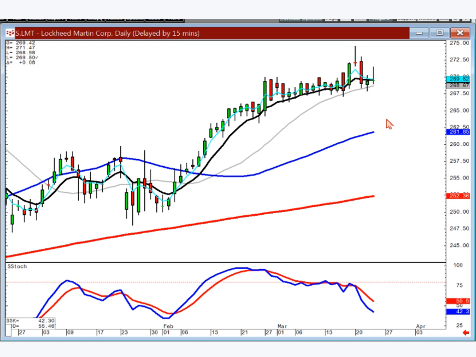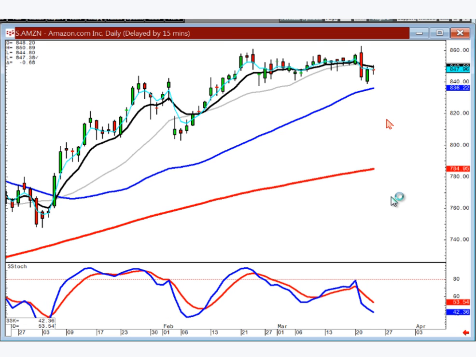Lockheed, nothing of any great consequence here. As a matter of fact, that evening star signal looks a little bit daunting. If this opens lower tomorrow, close out the position. As you can see, for the last month, or most of the month, it hasn't moved anywhere. Amazon, same scenario, not moving anywhere. Same thing with Apple.